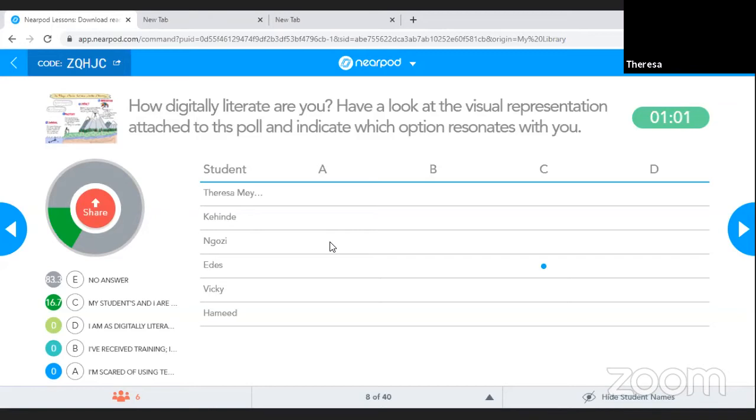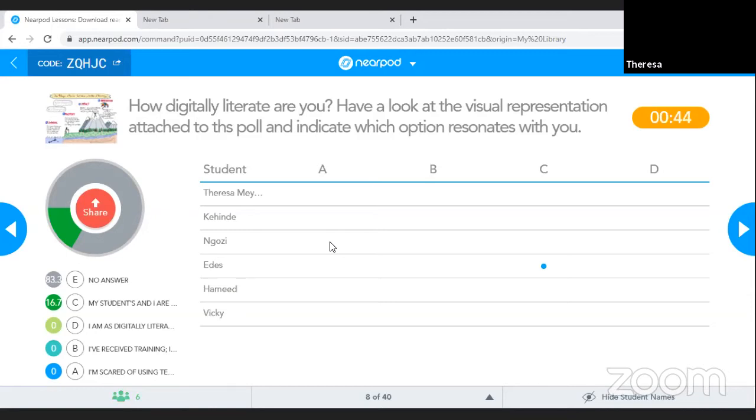Thank you. I see some people are starting to vote already. Well done. If you select C, you are saying, my students and I are using technology with confidence. Technology is embedded in my lessons and planning where appropriate.